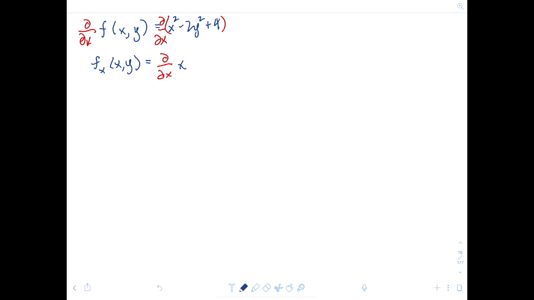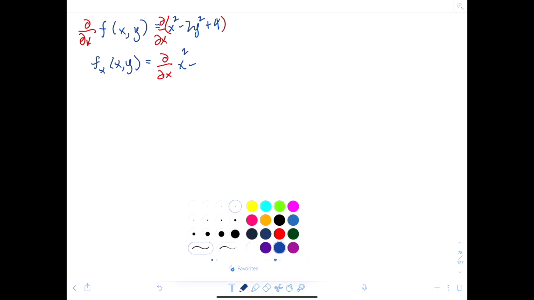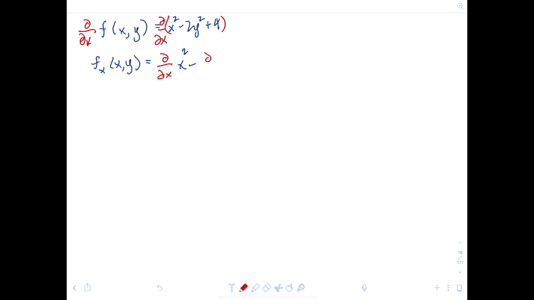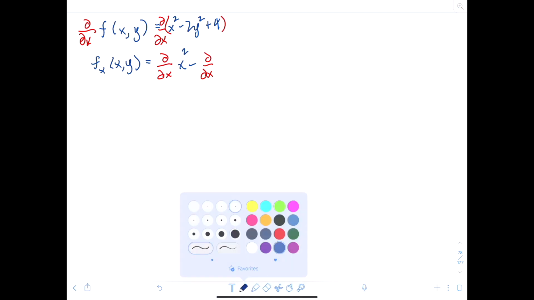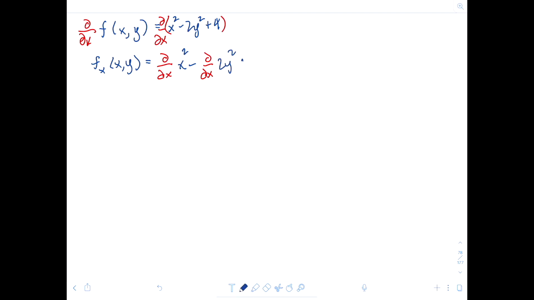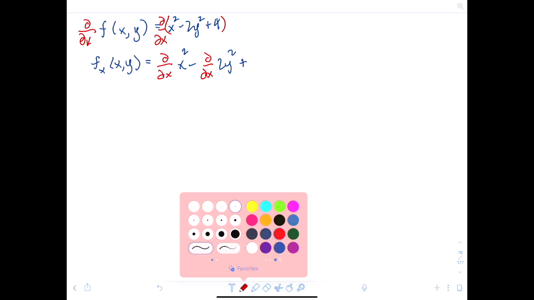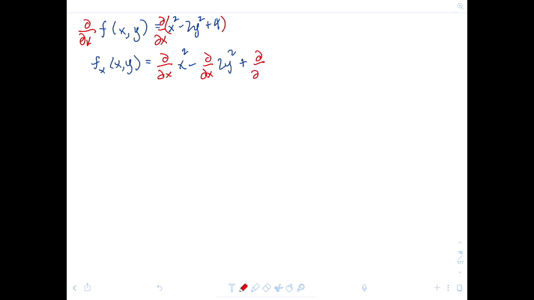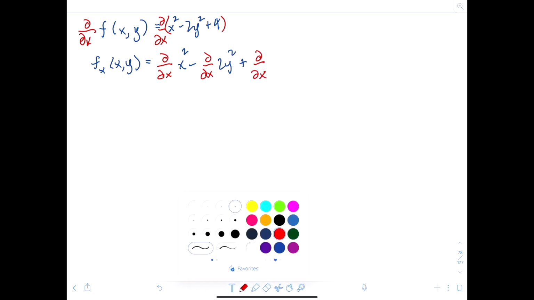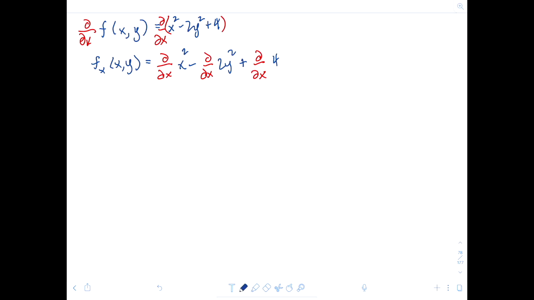So what we'll have is this will yield fx of x and y, and just that partial derivative is a linear operator, just like regular derivatives. So you'd have the partial derivative with respect to x of x squared, and then minus the partial derivative with respect to x of 2y squared, and then plus the partial derivative with respect to x of 4.